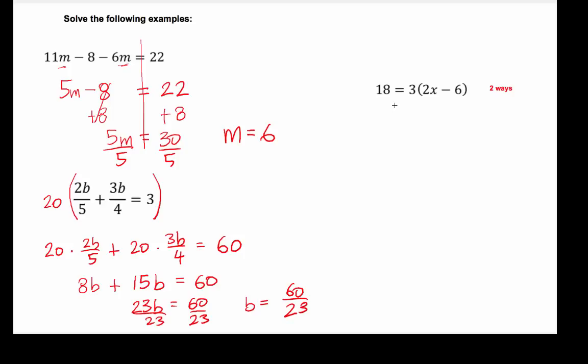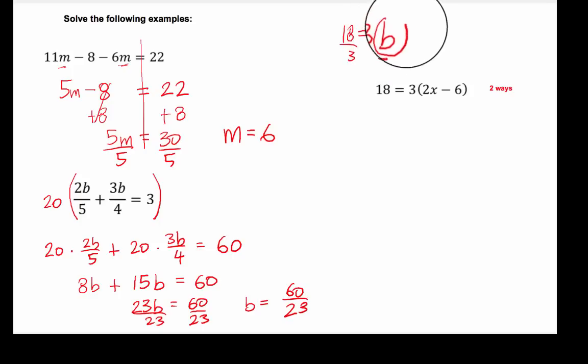All right, our third example here, we have 18 equals 3 times the quantity 2x minus 6. So I'm going to show you two ways to solve this one as well. The first method is, let me just put a different equation up here. If I told you to solve 18 equals 3b, you would say, oh, I'll just divide by 3 on both sides to get b by itself.